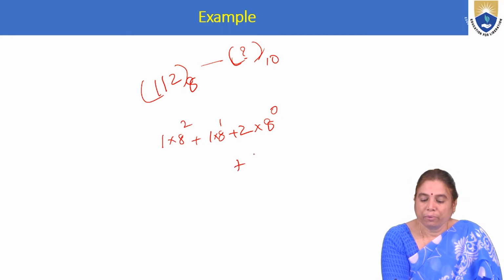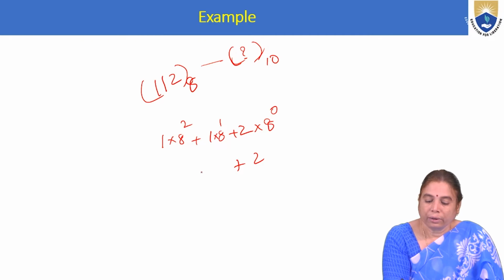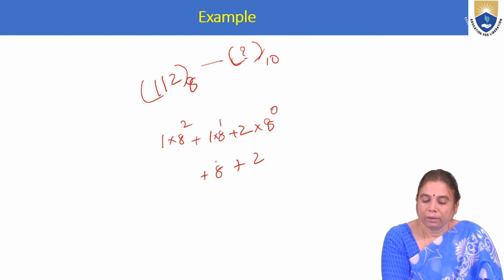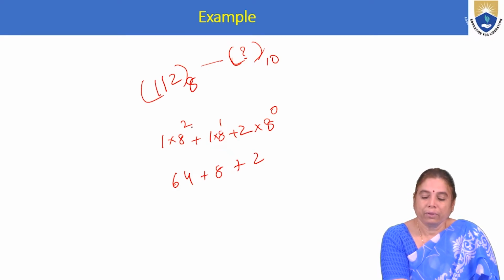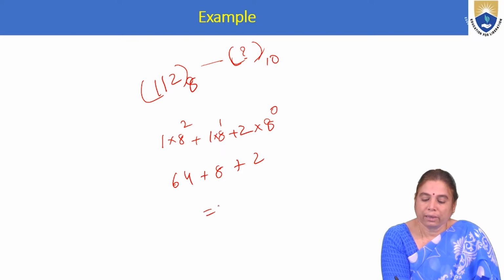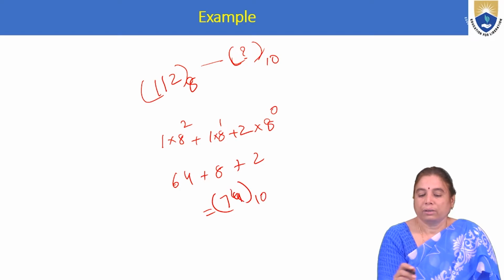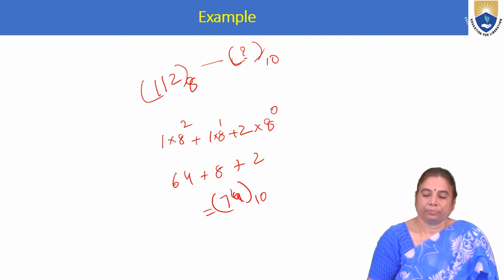So it can be 2, then 8, then 64. By multiplying the place value with the digit values and adding, it comes to 74, which is the decimal equivalent of the number.